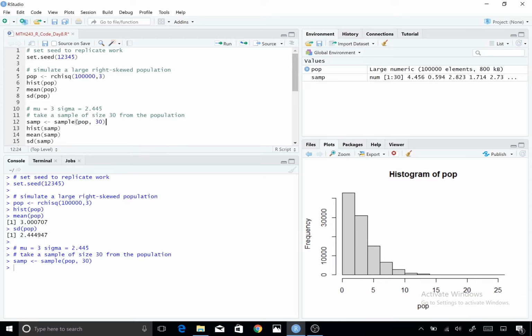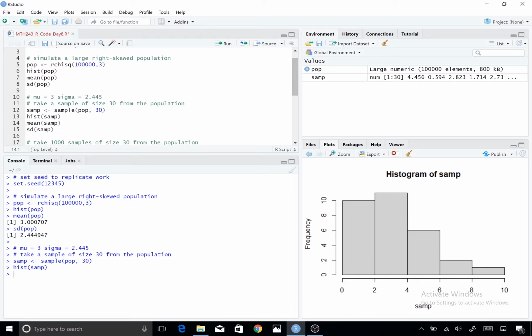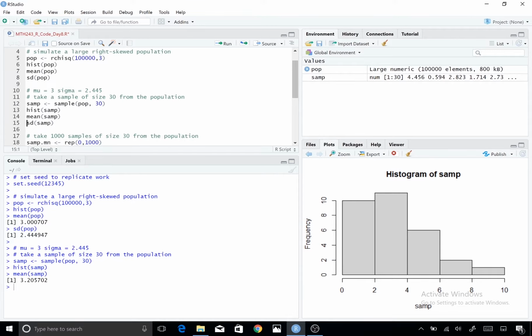If I draw a histogram of this sample, I want it to look like a histogram of my population. And it does. It's got less detail, but it's the same general shape. I want the mean of my sample to be a good estimate of the population mean. 3.21 versus 3, that's not so bad.